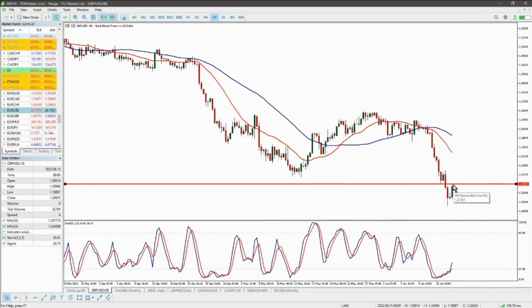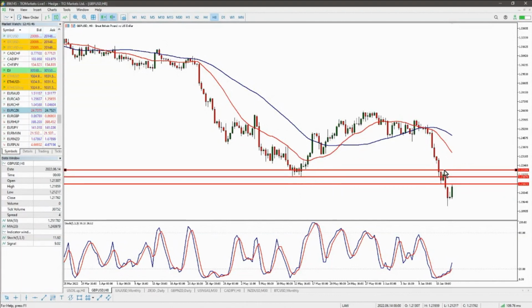If the market moves above this level decisively and starts to make higher lows here, then we probably have a reversal. The next level the market has to pay attention to, maybe this low here and this high, creates a resistance zone.